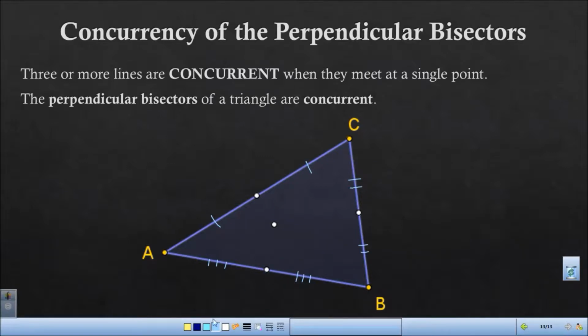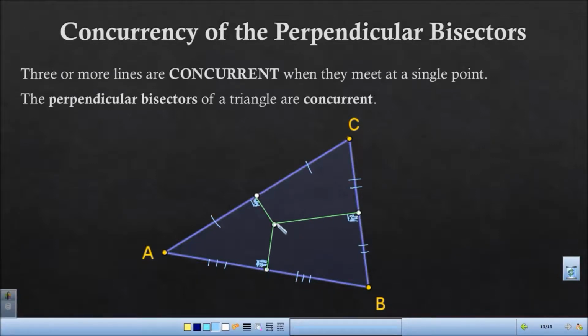So I draw a segment from the midpoint, perpendicular to the side. This first one looks like this, and it's perpendicular. And if I do this from each side, drawing these perpendicular segments, then what we notice is that all three of the perpendicular bisectors of the sides of the triangle will meet at a single point.